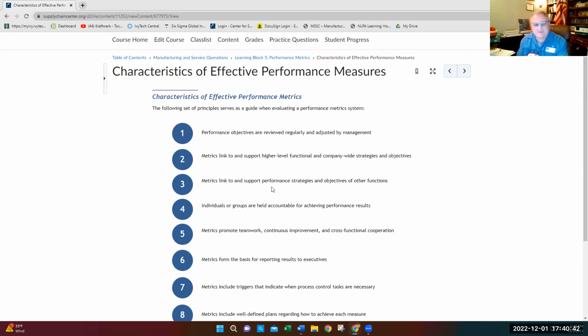Metrics link to and support performance strategies and objectives of other functions. And so this could be something about your inventory if we're talking about manufacturing. In the past, almost all inventories were run as a just-in-time type of situation, as in if I'm going to produce 100 starters today for Chevrolet, then I need all the components to put together those 100 starters.